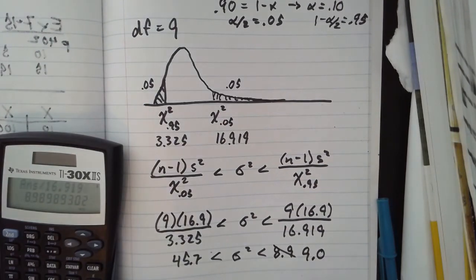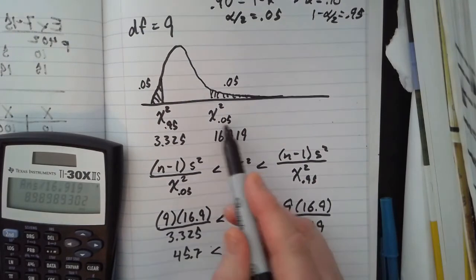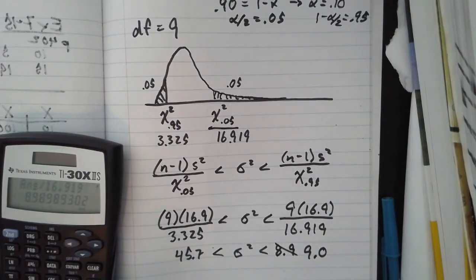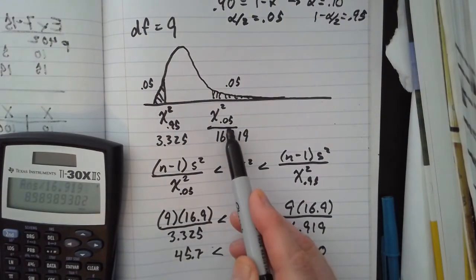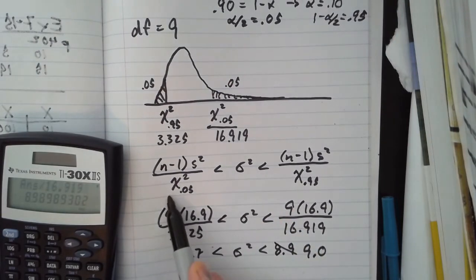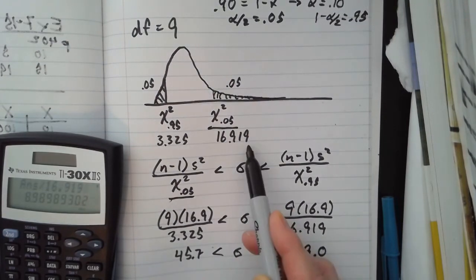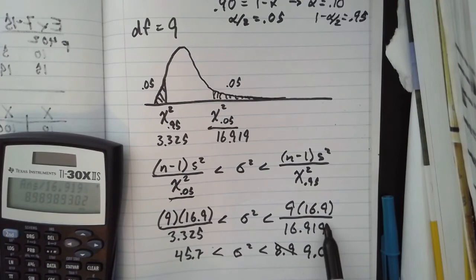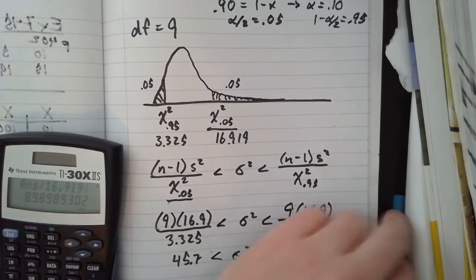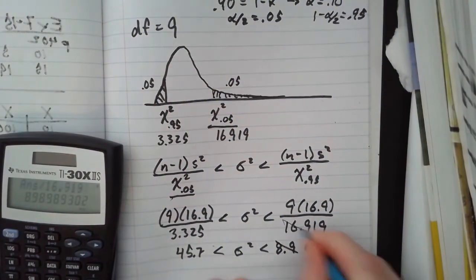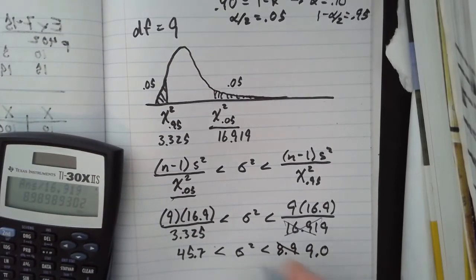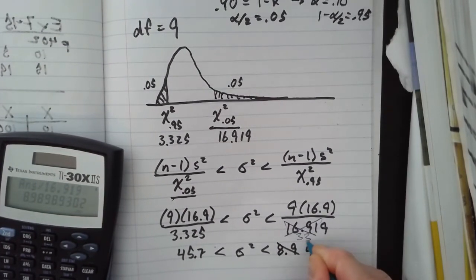Look at this. I got these exactly switched up. In the formula, we have chi-squared subscript 0.05 right here, so I have these values mixed up. The red ink should be here. This would be the lower value.